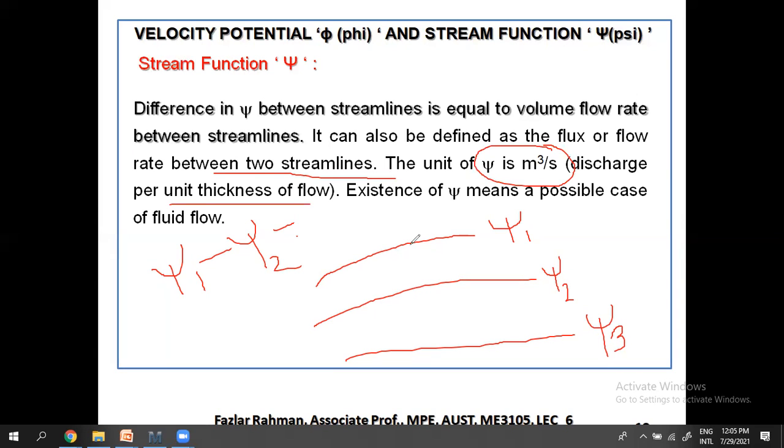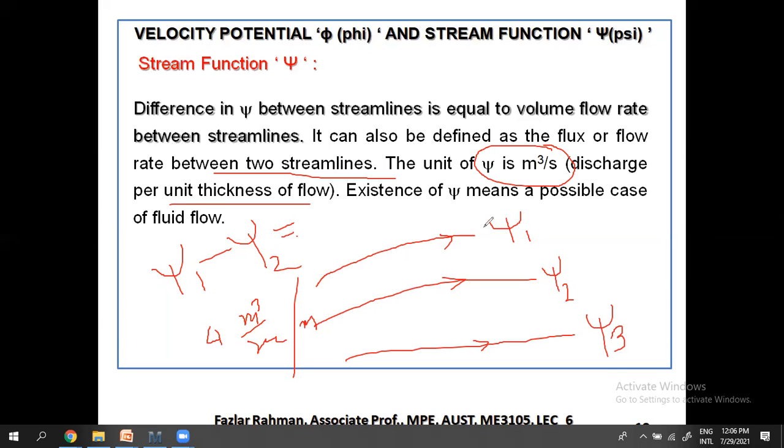Say you are looking at the flow at the top surface of the river. Then you can say at the top surface, this streamline is valid until the depth is 0.5 meter or 1 meter. Then you can say psi 1 minus psi 2, you get 4. So your result unit will be meter cube per second per meter of thickness.